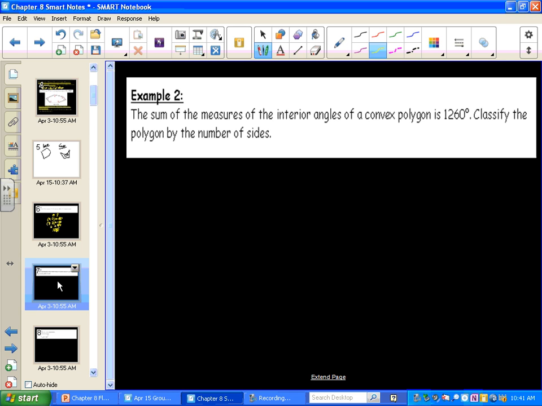Okay, so we know that the sum of the measure of all the angles is 1260. So we have 1260. And now how do we solve for the number of sides? What do we have to set that equal to?